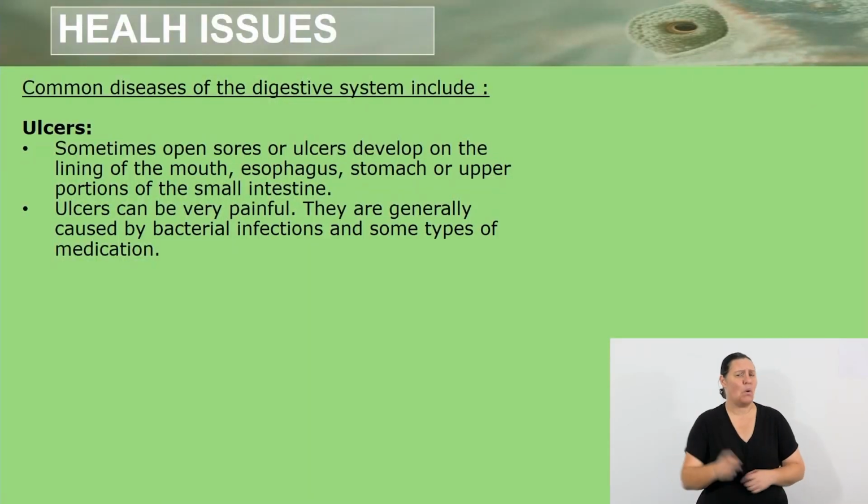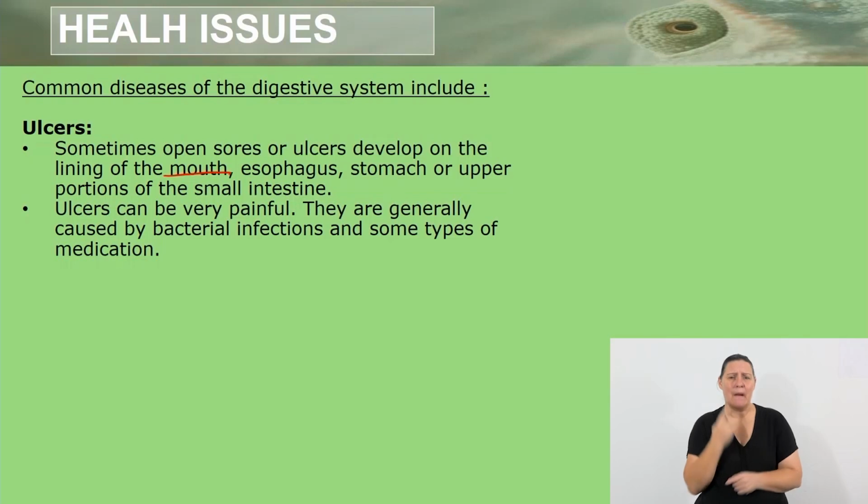Common diseases of the digestive system include ulcers. So when we are speaking about ulcers, these are open sores that we normally find on the lining of the mouth, on the lining of the esophagus, the stomach, or the upper portion of the small intestine. So those are called ulcers.